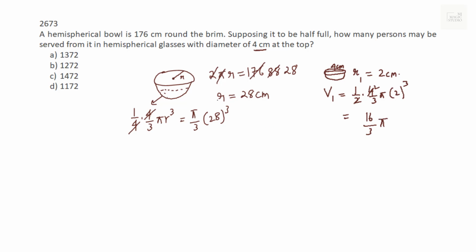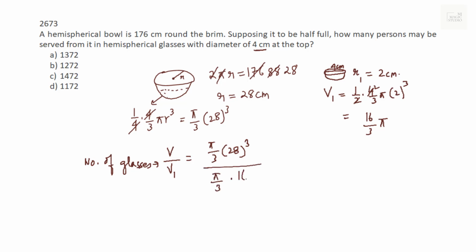Now how many glasses can we serve from this entire volume? We need to divide the volume by the volume of the small glass to get the number of glasses. Pi by 3 into 28 whole cube divided by pi by 3 into 16.